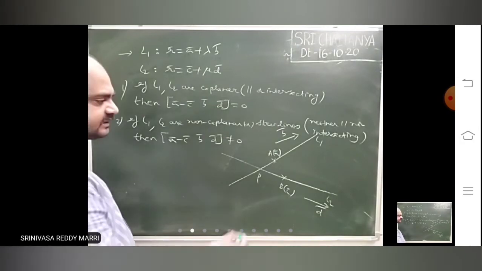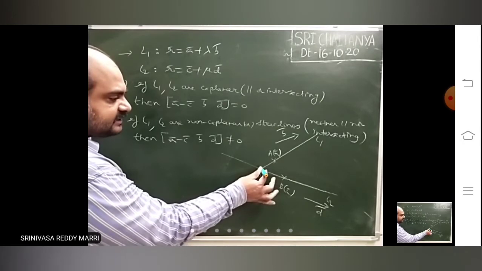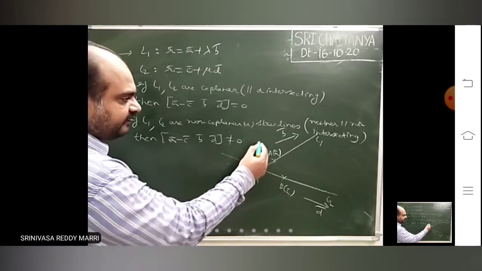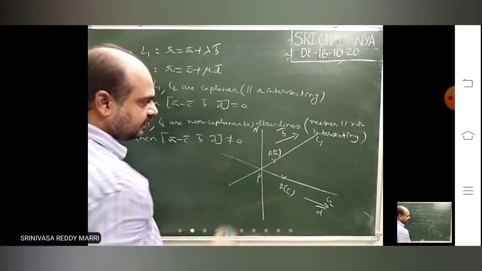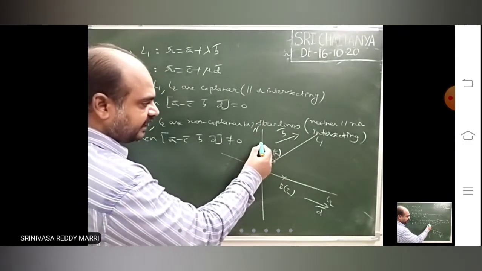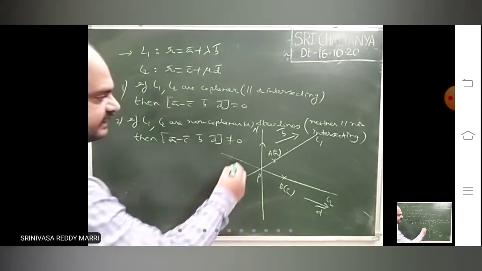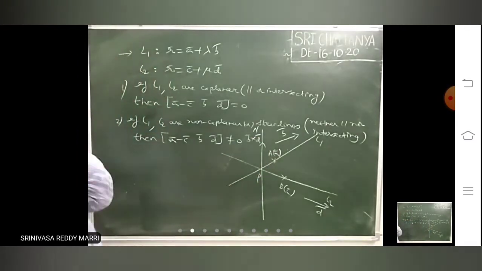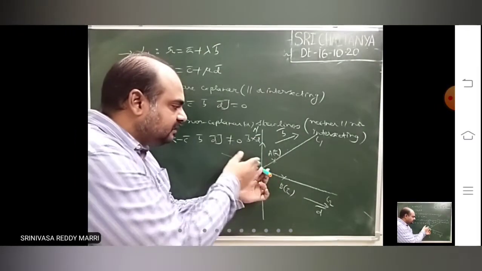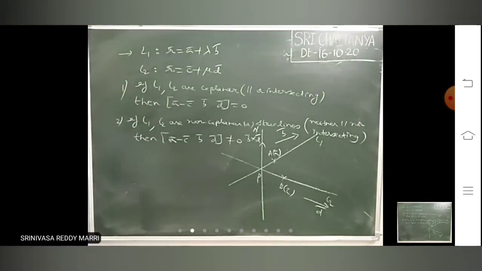Now for the normal of your paper, keep the pen like this. I am drawing the normal here. If two vectors b bar, d bar are on the plane, then their cross product will be along the normal. That means along the normal, b cross d will be there.